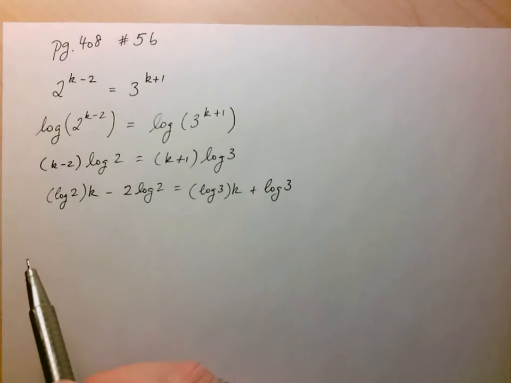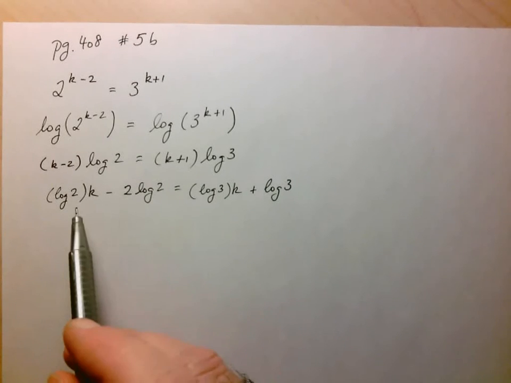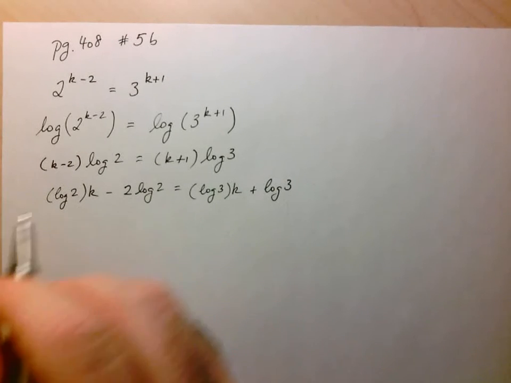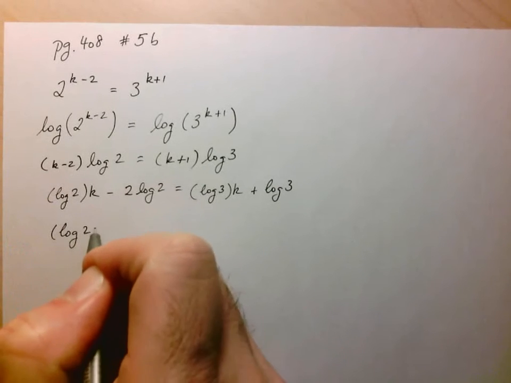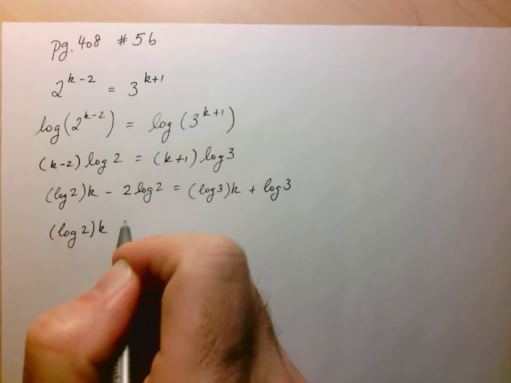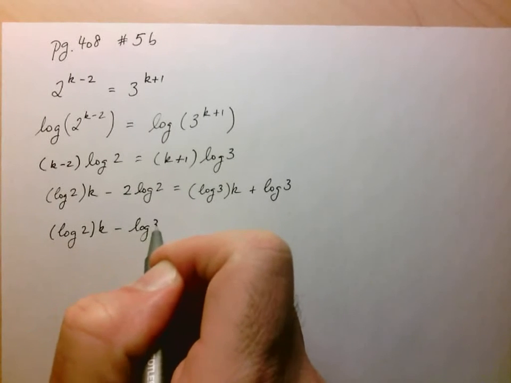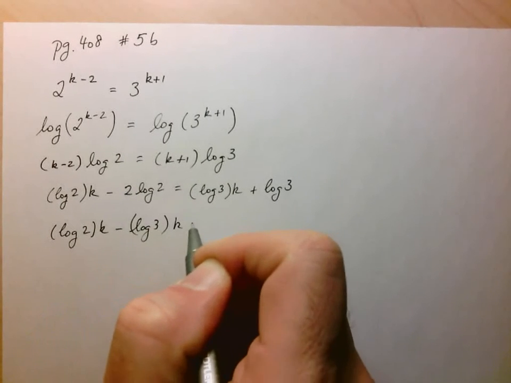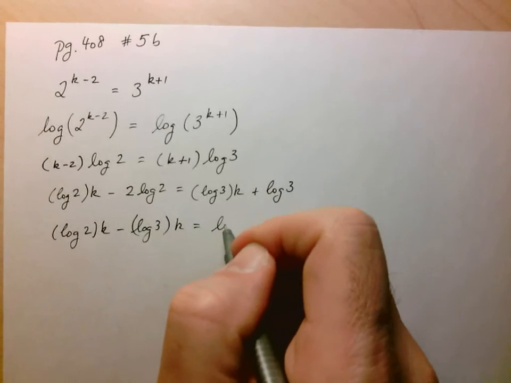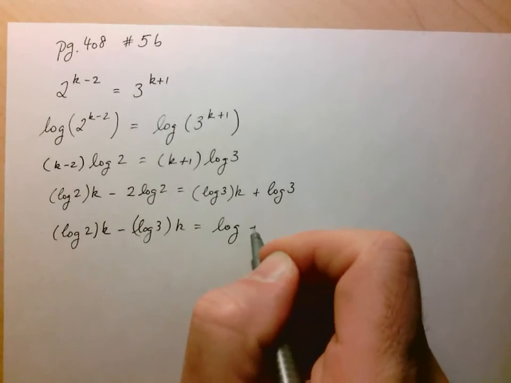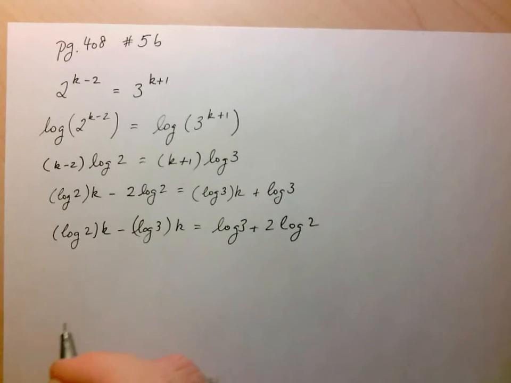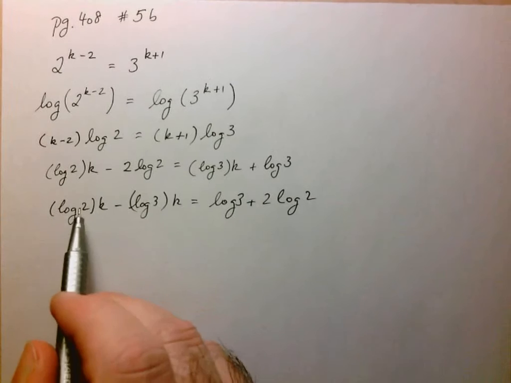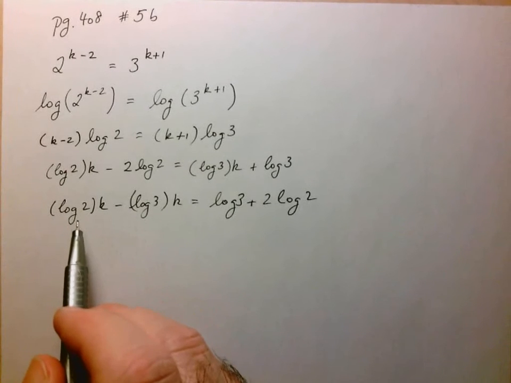Now I follow my usual process. I bring all the variable terms to one side, all the constant terms to the other side. So here we've got log 2 k minus log 3 k, and here we've got log 3 plus 2 log 2. Again, these are just like terms. How does one subtract like terms?